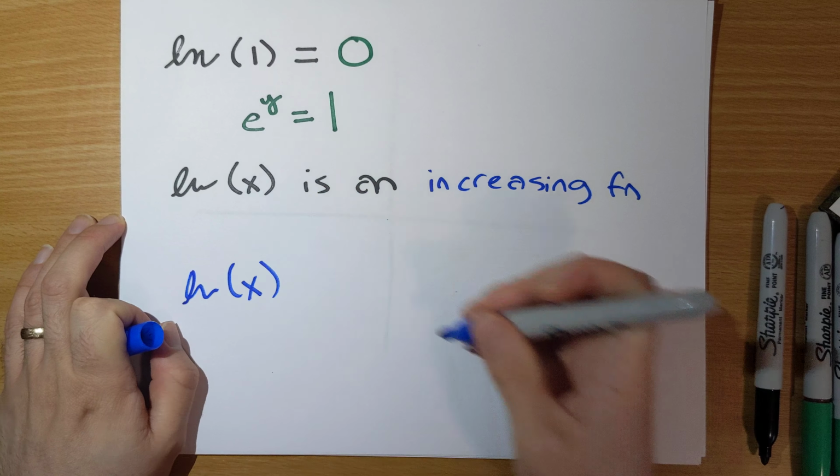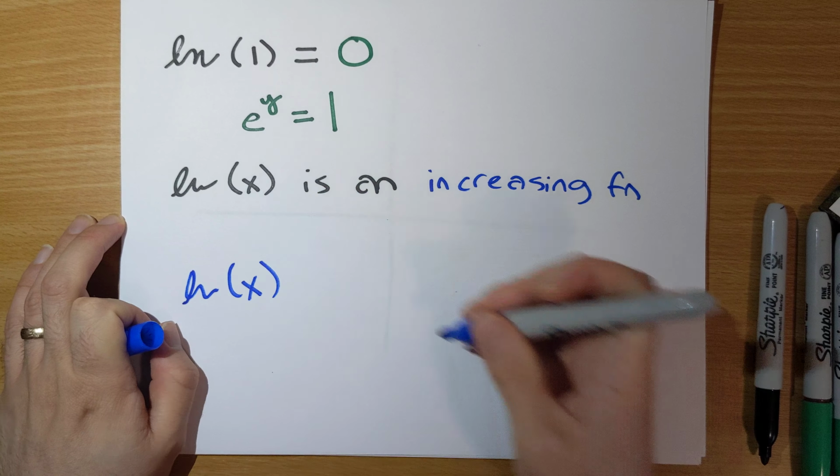So let me draw here what our natural logarithm function looks like. We know that log of 1 is equal to 0. It's an increasing function.